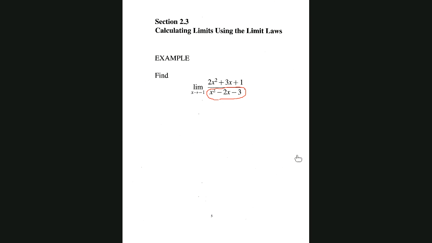But here we're calculating limits using limit laws, so they don't want you to use your graphing calculator to get the answer. Nicholas has a good point. Factoring. This problem is screaming to factor, and then we'll simplify. So okay, let's go ahead and do that.